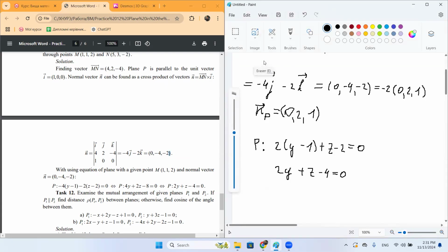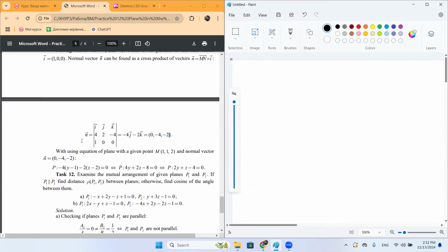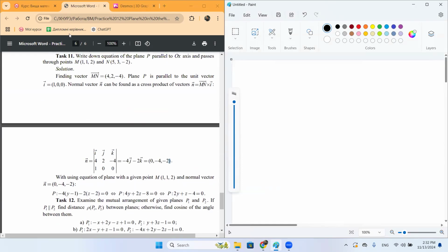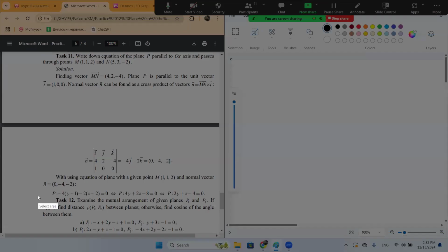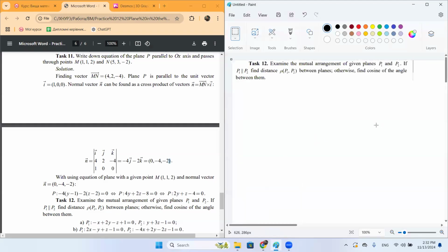You're welcome. More questions? If no questions, let's move next. It's the final task for today, task number 12. We need to examine the mutual location arrangement of 2 planes. If they're parallel, we need to find the distance between planes.